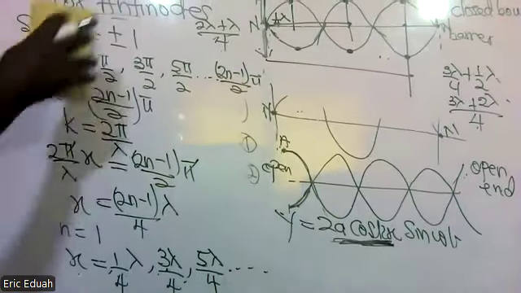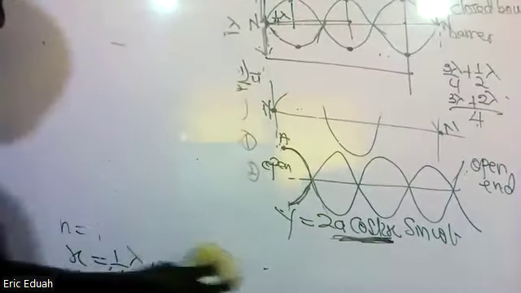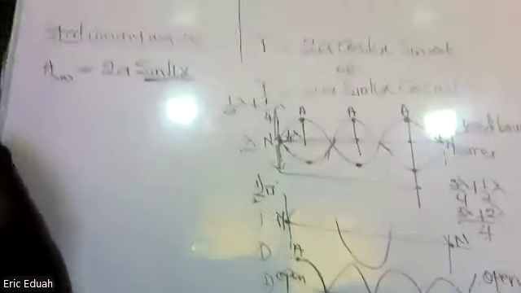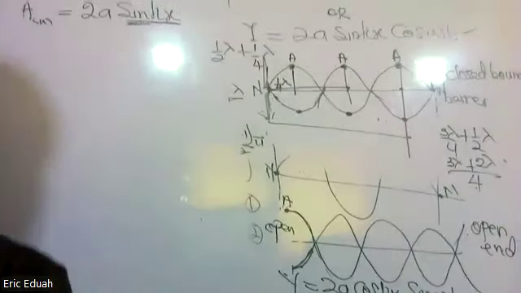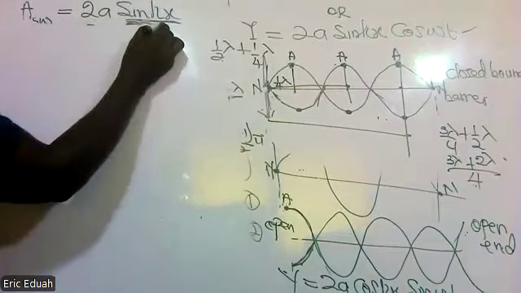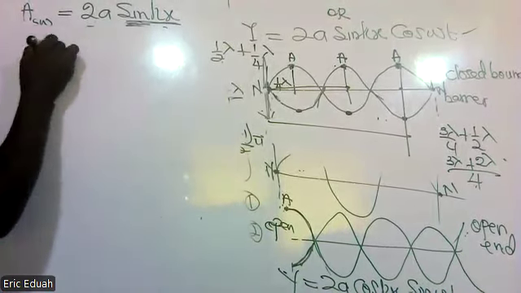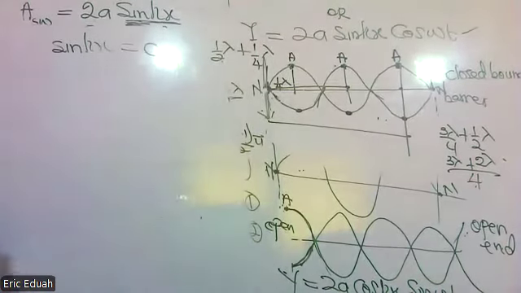What about nodes? For formation of nodes, we saw that this must be equal to 0, and this will be equal to 0 when sin kx is equal to 0.